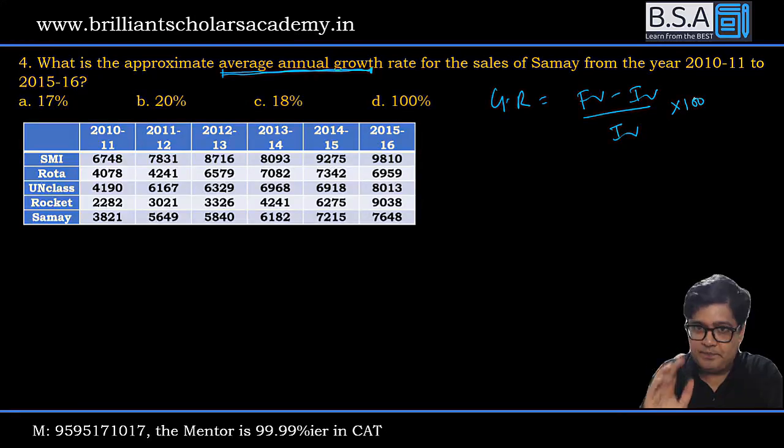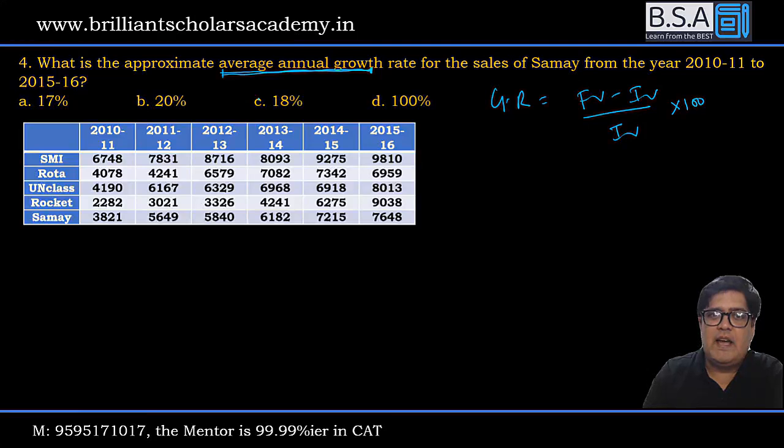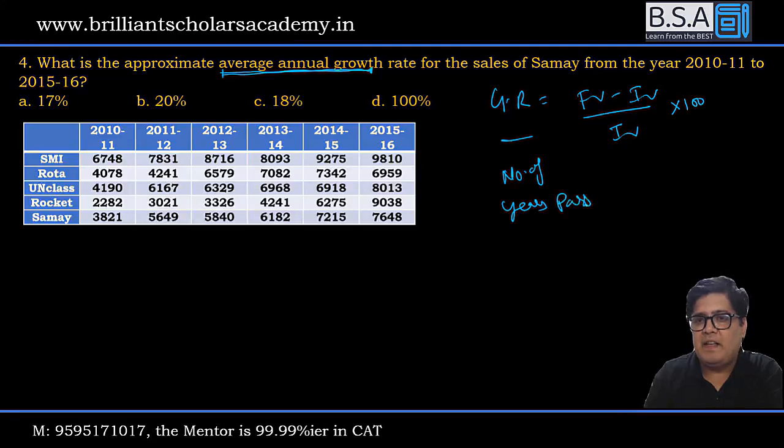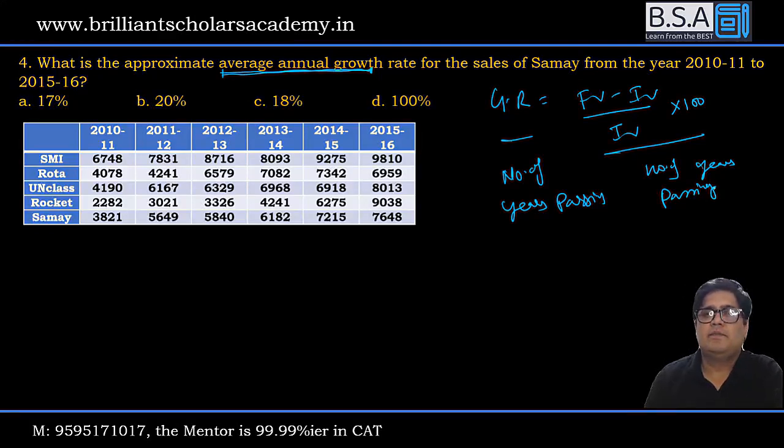It is called the growth rate. The average annual means divided by number of years passing.